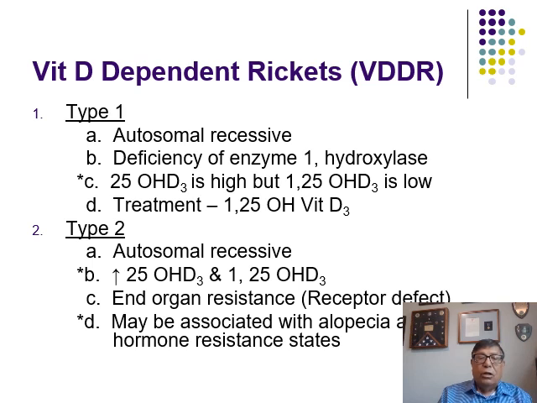So therefore, there is no absorption of calcium, and this is a resistant defect, and it is associated with alopecia areata or totalis, and there may be other hormone deficiency, like thyroxine resistance, T4 resistance syndrome, testosterone resistance syndrome, cortisol resistance syndrome, but they are associated with alopecia.